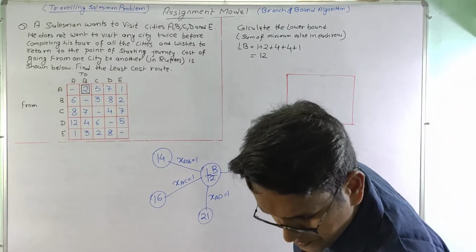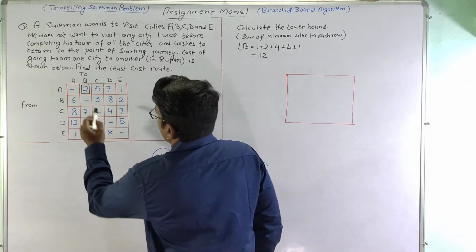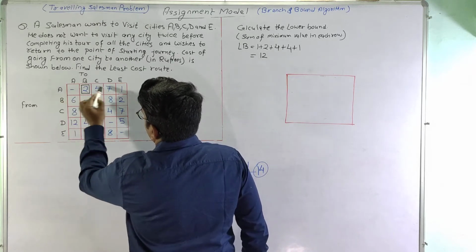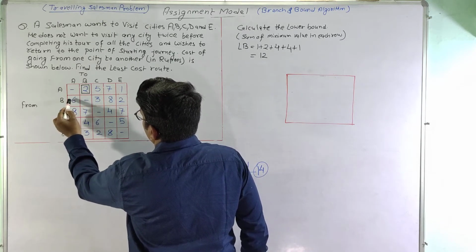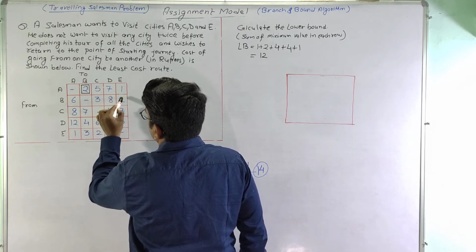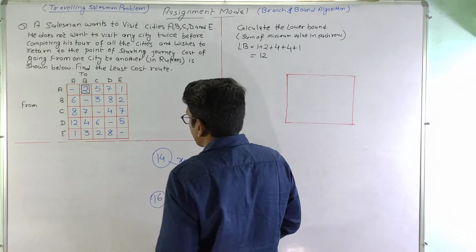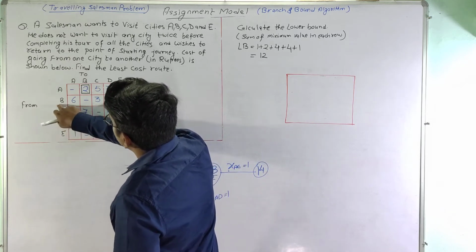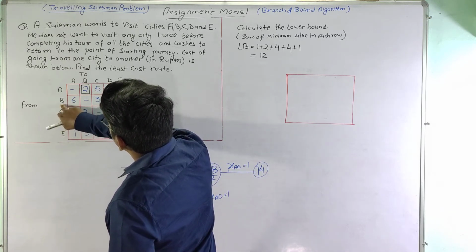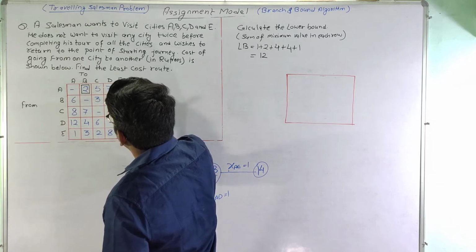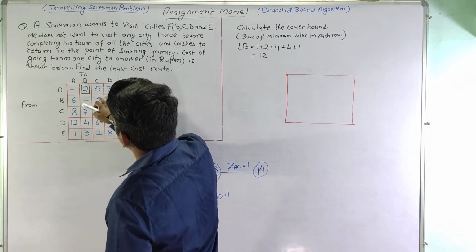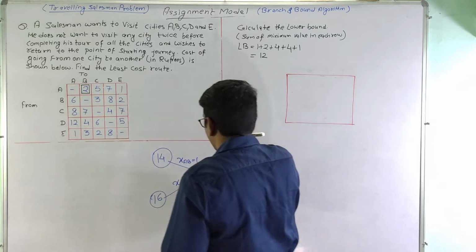Now if we have drawn this, we have this 4 cross 4 matrix, and among these, once it is going from A to B, then we will see from B it can go to how many cities, and we will try to assign each one of them one by one.